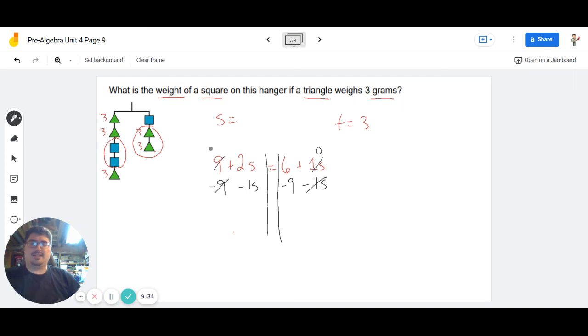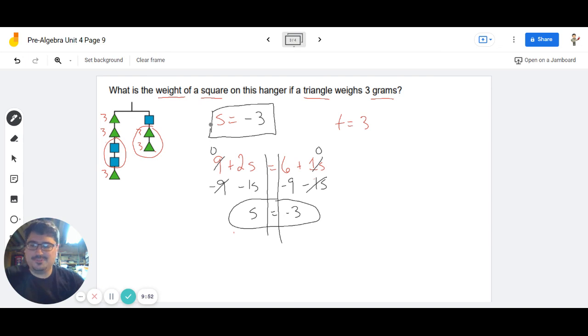And so the 9 minus 9 goes to 0. And we're left with 2S minus 1S is 1S. 6 minus 9 is negative 3. So the S, or the square, is negative 3. So like anti-gravity, I guess. That's pretty cool.